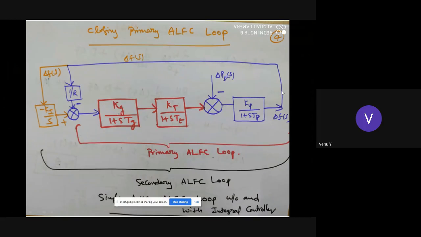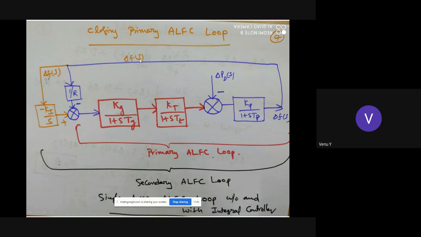Now, by closing the ALFC loop, the primary ALFC loop, you can understand that this is the turbine transfer function, the governor transfer function, and this is the generator load model, and the output of the generator load model is delta F. Delta PD is the disturbance or load variation, and delta F is the output.